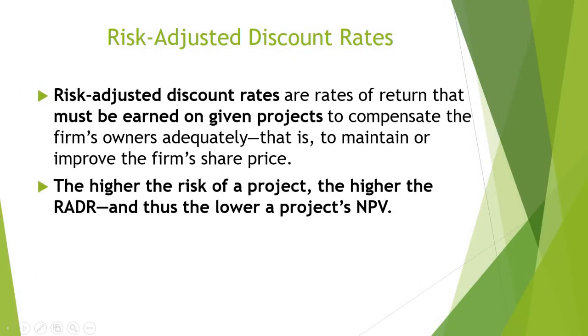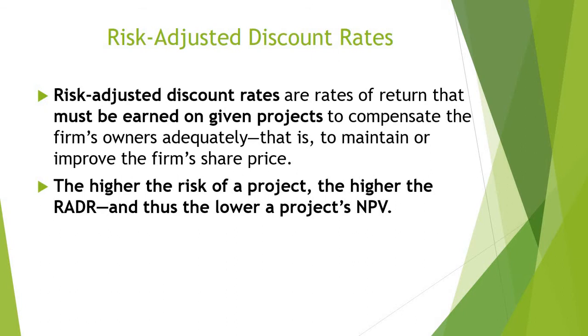Now, let's look at what we mean by risk adjusted discount rate. In general, the risk adjusted discount rate is the rate of return that a firm must earn on its projects to compensate the firm's owners' investment adequately and to maintain or improve the firm's share price.